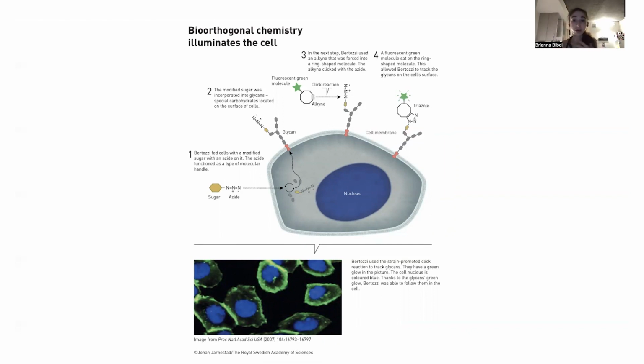The cells incorporated those monosaccharides into their complex carbohydrates, including those sticking out on the surface of cells. Then she could add a labeled molecule with a group that would react just with that modification, and so label the sugars. She could do all sorts of other things too.